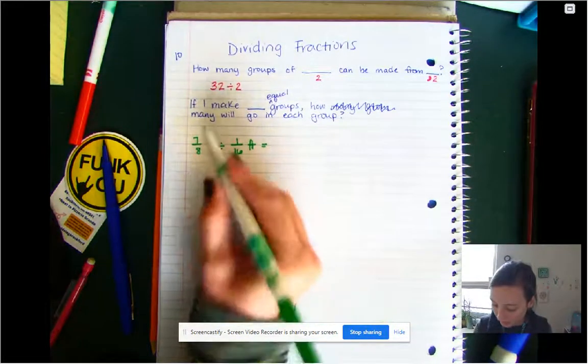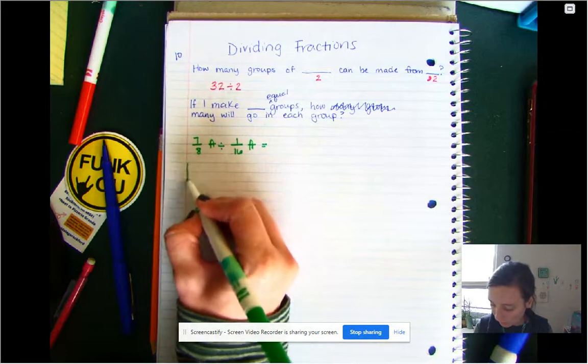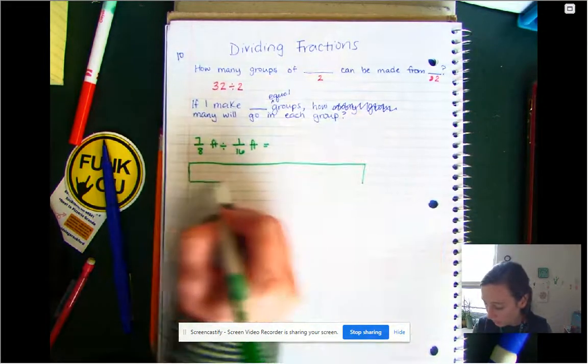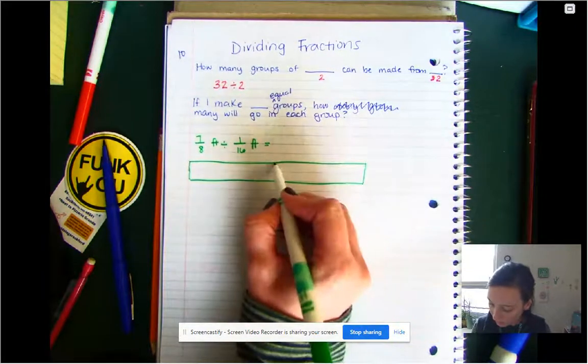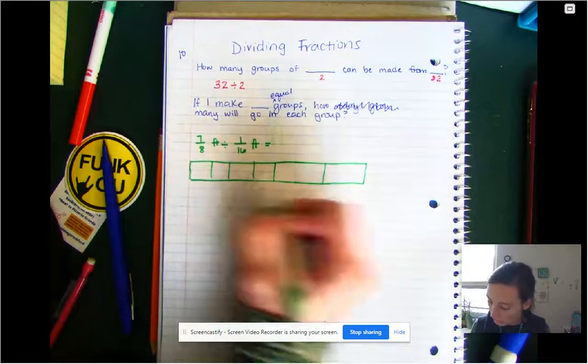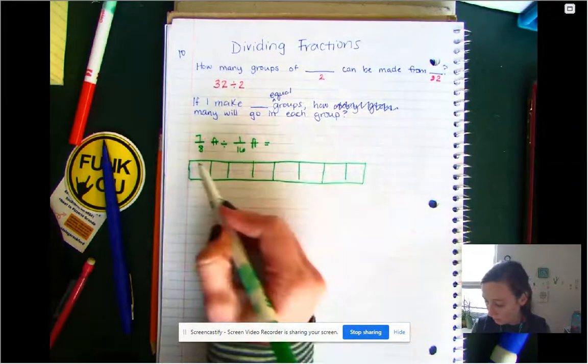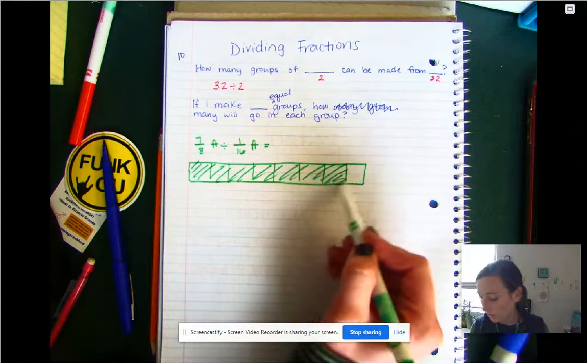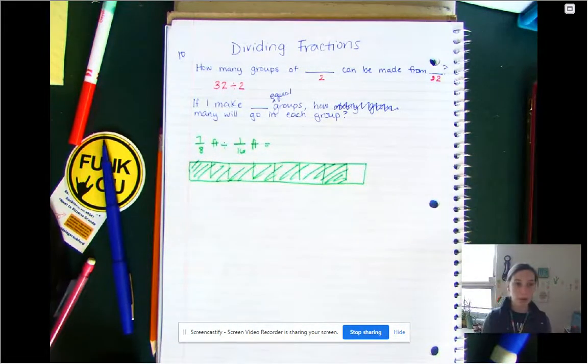Here's my wallpaper. I have 7/8 of a foot, so I'm going to divide it into 8ths. Here is 7/8 of the foot. This is the wallpaper I have, and I want to divide it into chunks of 1/16 of a foot.